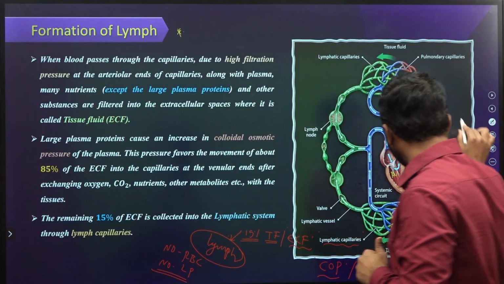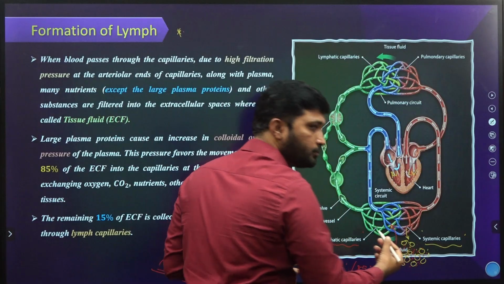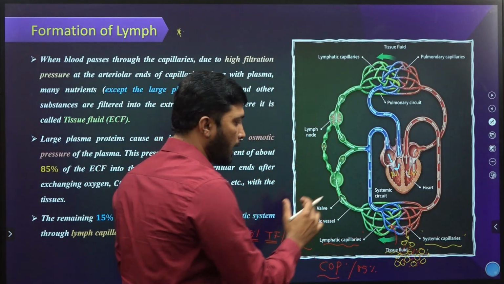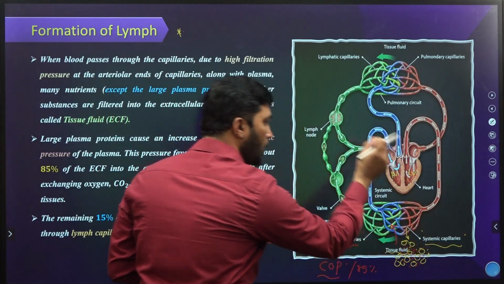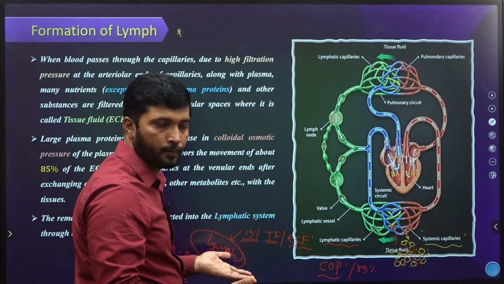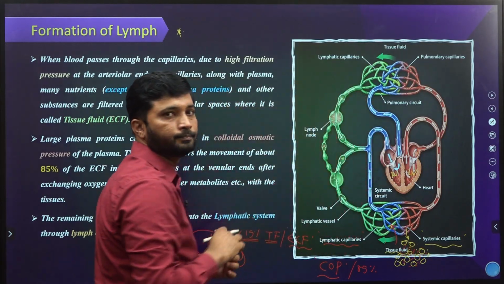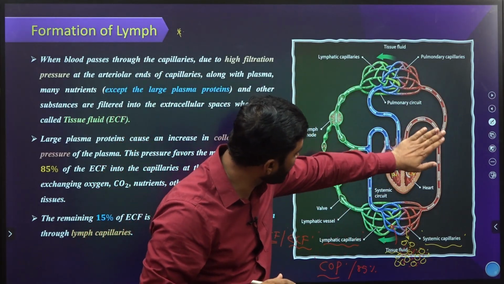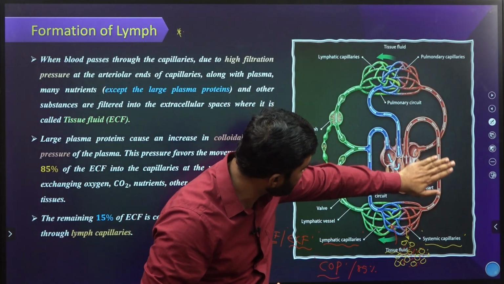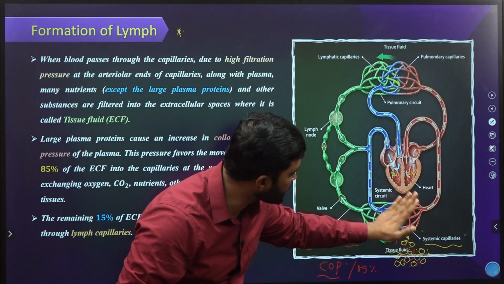So part of the blood converts into tissue fluid, and once this tissue fluid enters the lymphatic system, it is called lymph, which again joins the venous system. You can take the diagram: this is the blood transport, then the plasma is filtered.